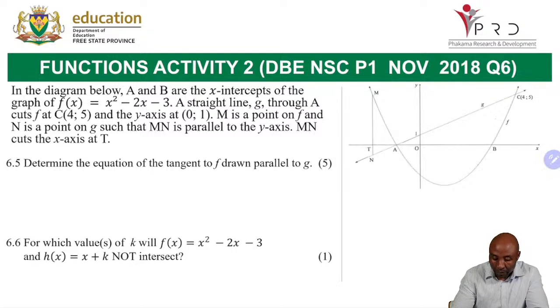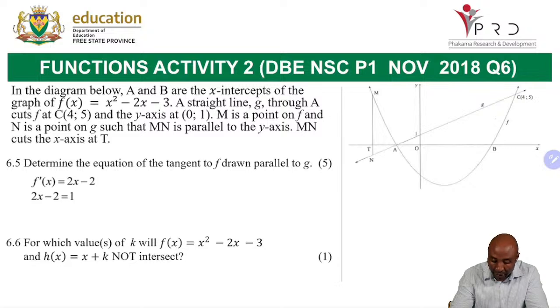So, we want to find the equation of the tangent of f drawn parallel to g. And that question is 5 marks. If it's parallel to g, how do we get it? We know that we find the first derivative.